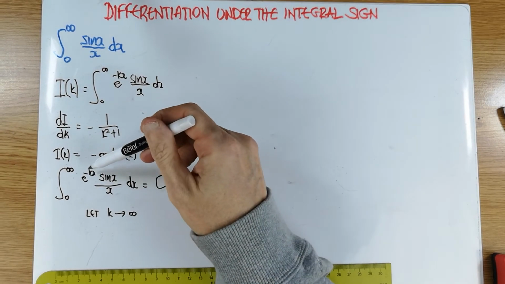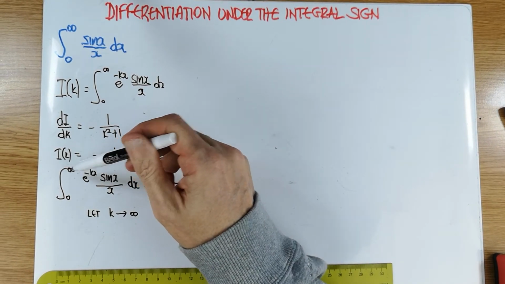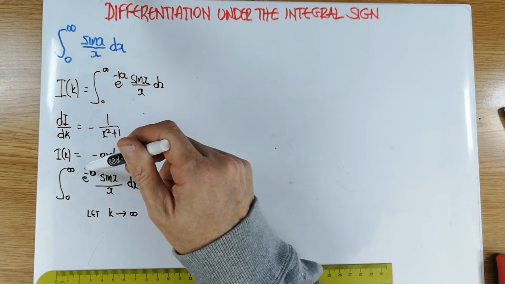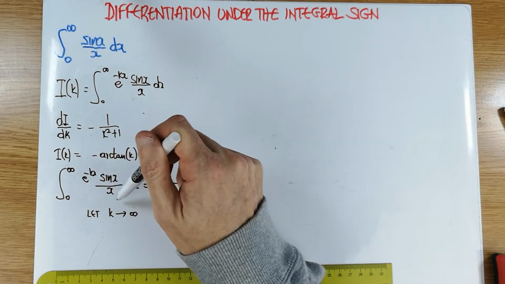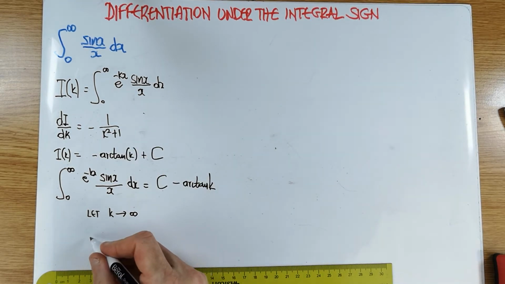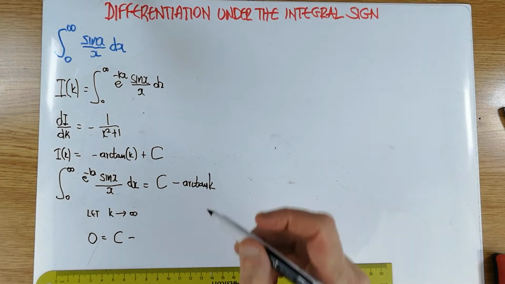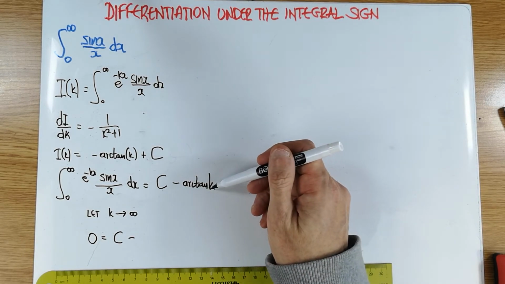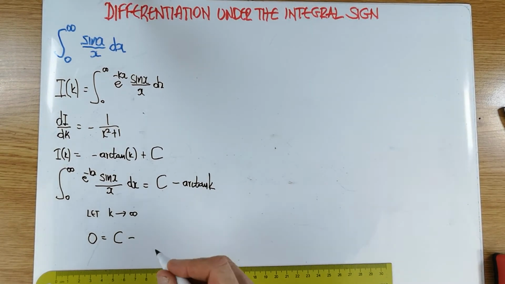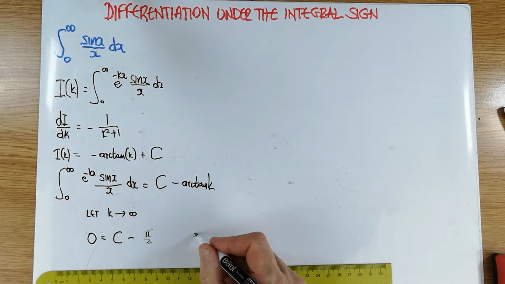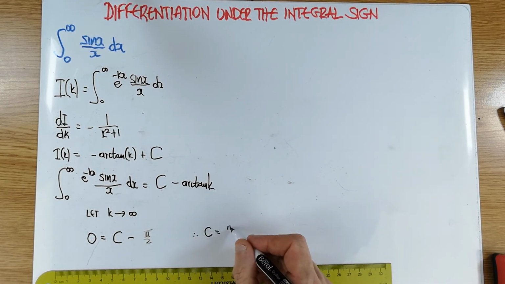If we let k go to infinity, nothing to do with this infinity, this infinity is in x. This will produce a zero integrand. So the left-hand side will become 0, equal to a constant minus the arctan of infinity. Positive infinity gives pi over 2. So therefore the constant is pi over 2.